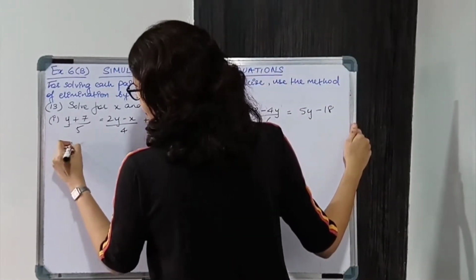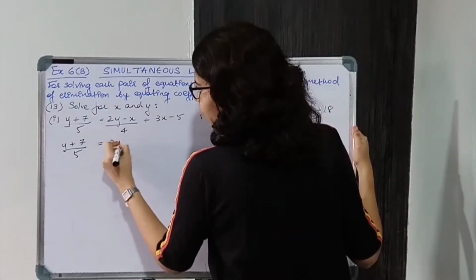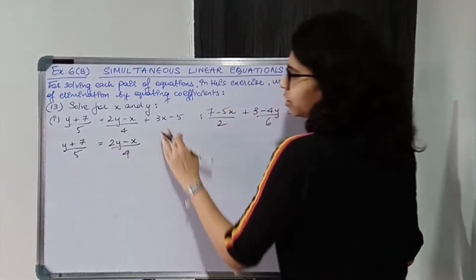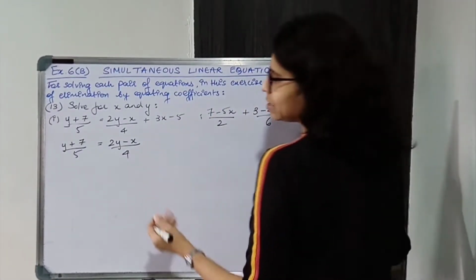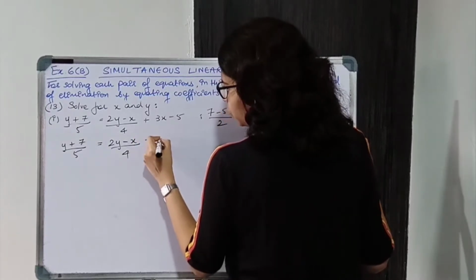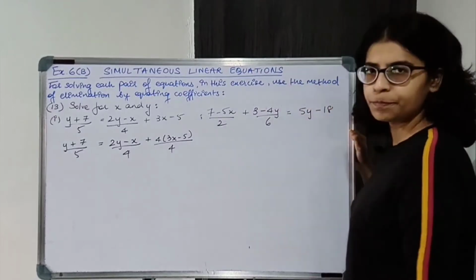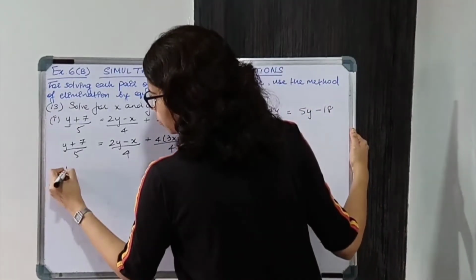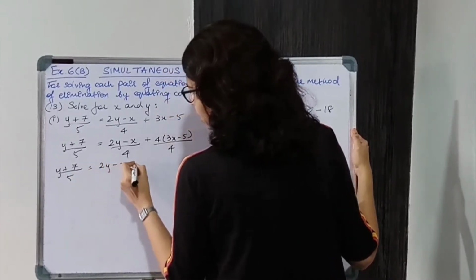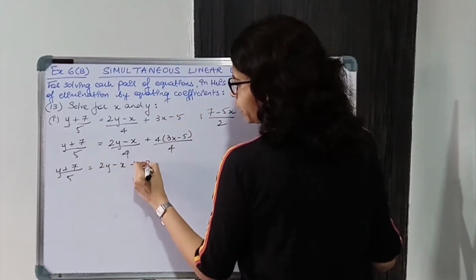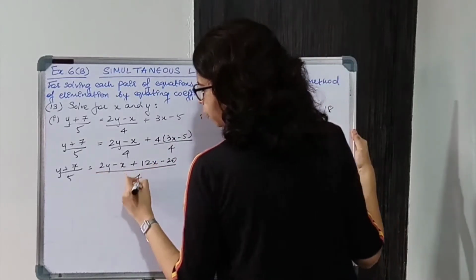Now y plus 7 by 5 is equal to 2y minus x by 4. Here also we'll try to bring 4. So we'll multiply and divide by 4 taking LCM. So 4 into 3x minus 5 upon 4. So y plus 7 by 5 is equal to 2y minus x plus 4 3s are 12x minus 4 5s are 20 upon 4.